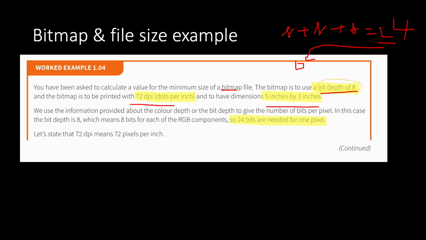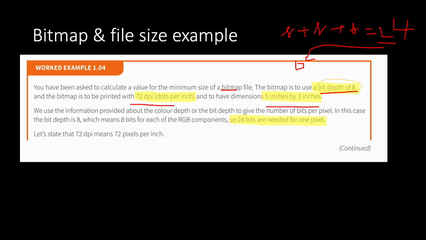Then the bitmap file is to be printed with 72 dots per inch, which means for 1 inch, it will get 72 dots, or we can say 72 pixels. It also has a dimension of 5 inches times 3 inches.